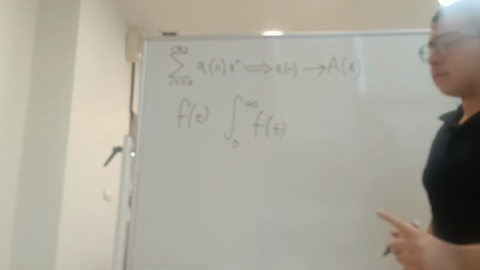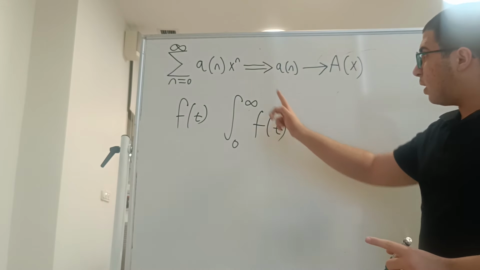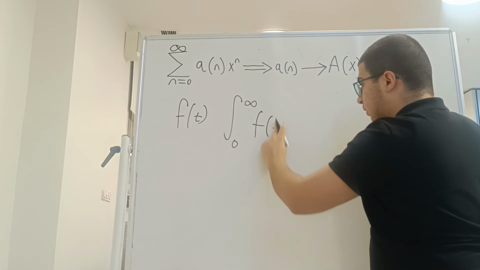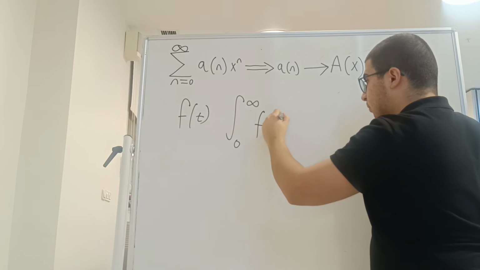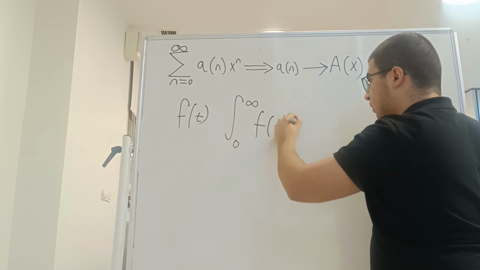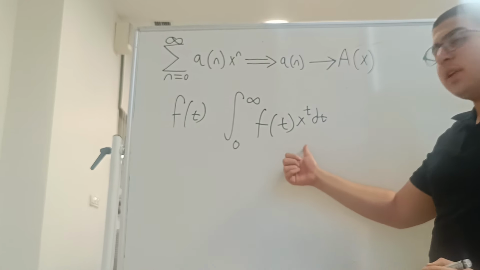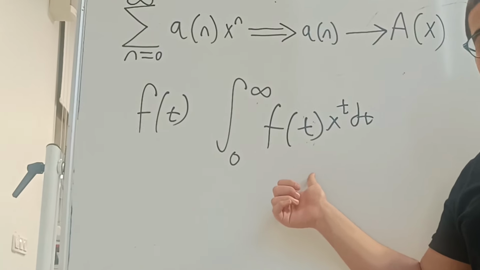But we are not done. We need to multiply this with a power term like x to the n, but in this case it is x to the t, x to the t dt. And this is Laplace transform, but we are not done.